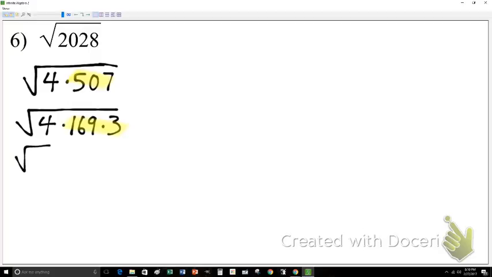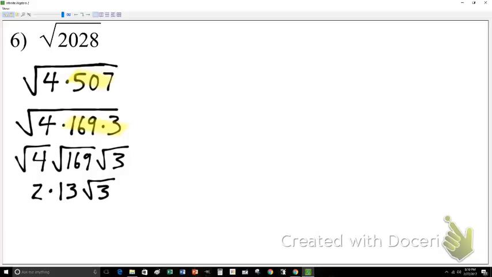Now I just have to take the square root of each of these numbers individually. The square root of 4 is 2. The square root of 169, that's 13. The square root of 3 is just going to remain as the square root of 3. It's irrational. Remultiplying the numbers out front, I get 26 square roots of 3.